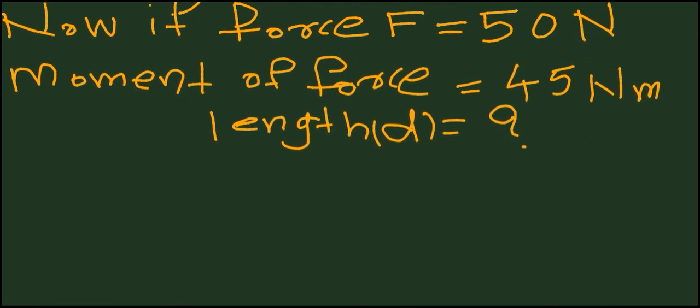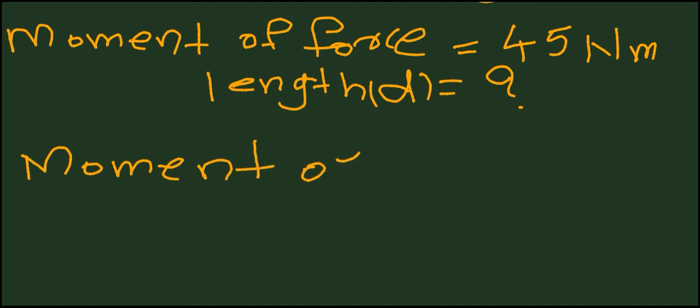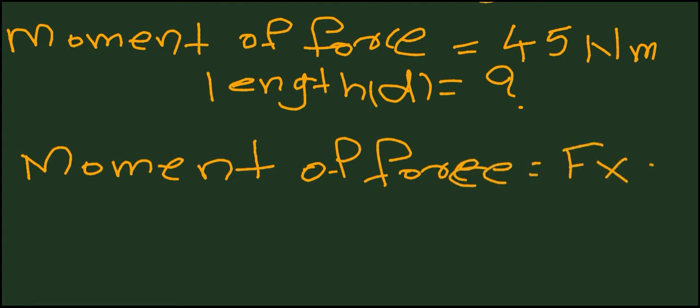But we know the equation, moment of force is equal to F into D. Please write. By writing the equations continuously, repeating, you will study. Okay, directly we can substitute here.